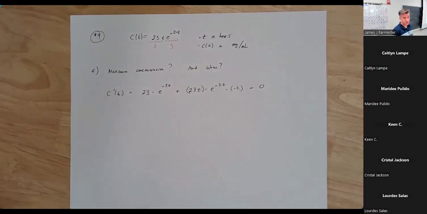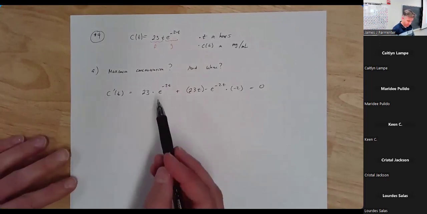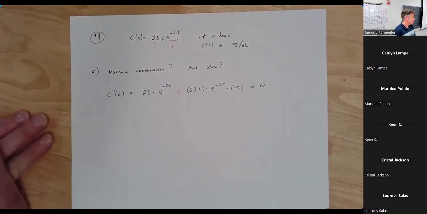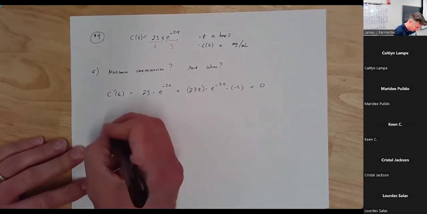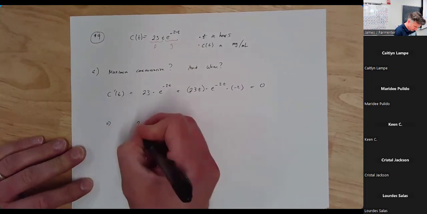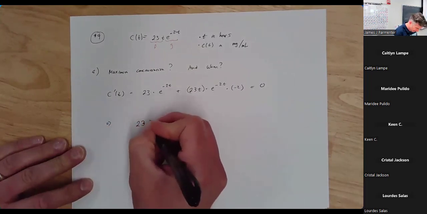And then to solve this, you typically want to try to factor as much as possible. So what's something that can factor out from both of these pieces here? An easy thing: the e to the negative 2t. What's the other thing that's even maybe easier than e to the negative 2t? 23. In fact, we could have pulled out the 23 in the beginning, but we didn't want to. So we're going to factor out a 23 e to the negative 2t.